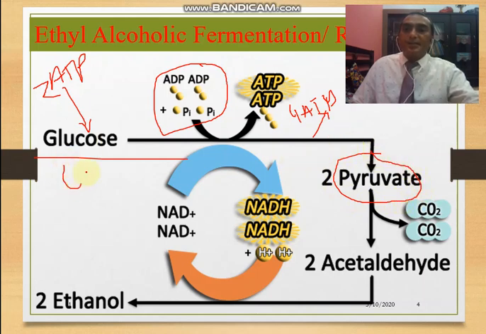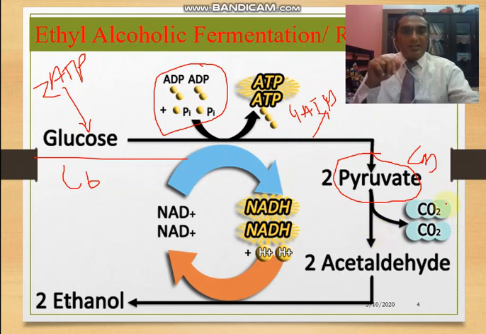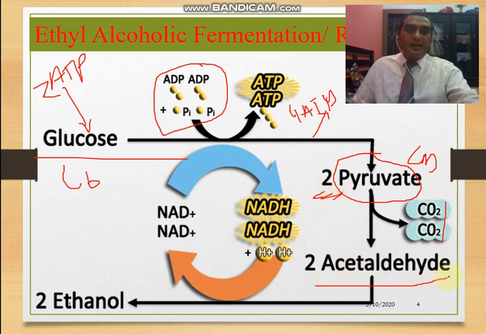The glucose is six carbon containing, and this pyruvate is a three carbon compound. One pyruvate produces 1 carbon dioxide, and since 2 pyruvates are available, it produces 2 carbon dioxide. The other product is acetaldehyde, which further breaks into ethanol, or ethyl alcohol.